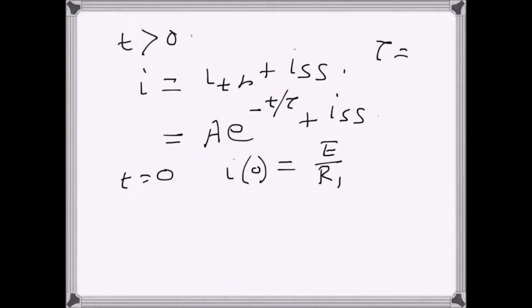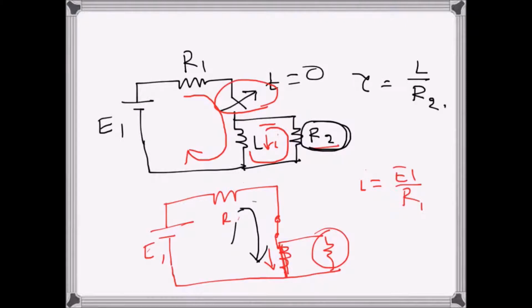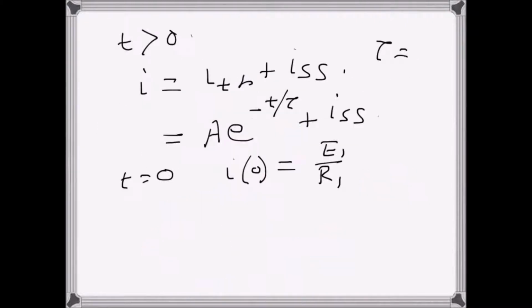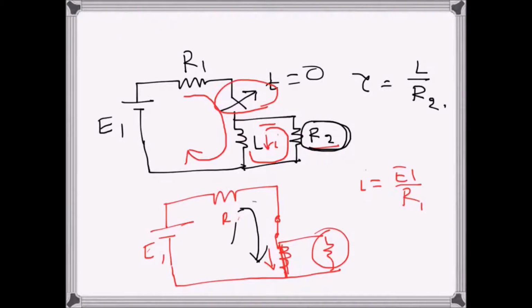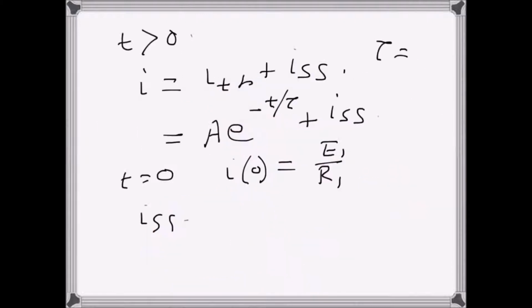Okay, so I will write E1 everywhere. Now I will just plug in the values. And what is the I steady state? We can see after a while this current will of course become 0 because there is no source and the inductive current will decay. So I steady state is 0.